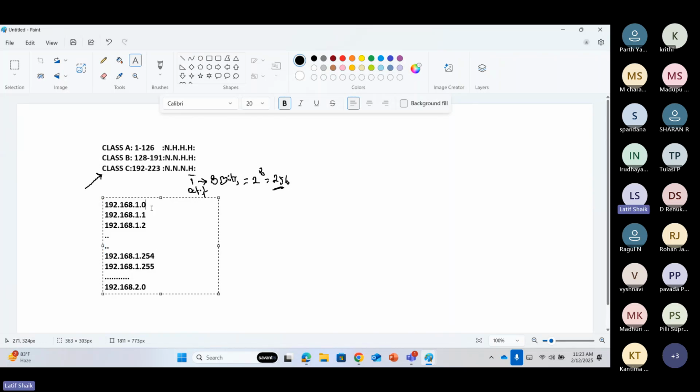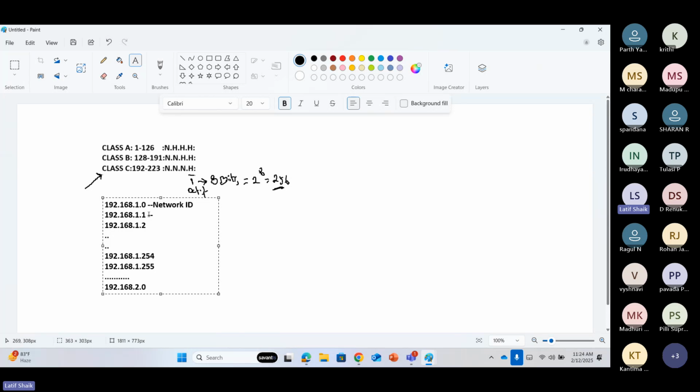Again, in this one also we have rules. What is that rule? This is the very first one in the network, and we can't assign it to any device because it is called the network ID. You can start assigning from 1, the next one after 0.